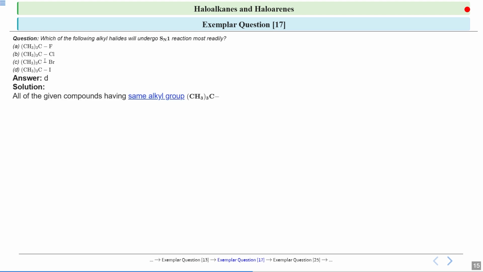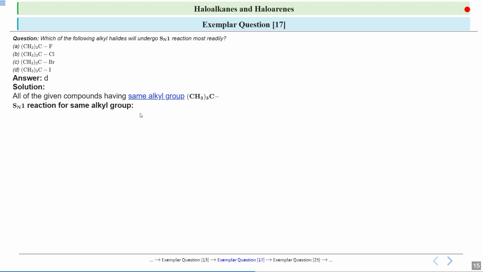Now in the given options, all of the given compounds have the same alkyl group, that is CH3 whole thrice C. You can observe, right, that in each of these alkyl halides, the alkyl group with which the halogen is connected is the same, CH3 whole thrice C, which is a tertiary alkyl group, right?